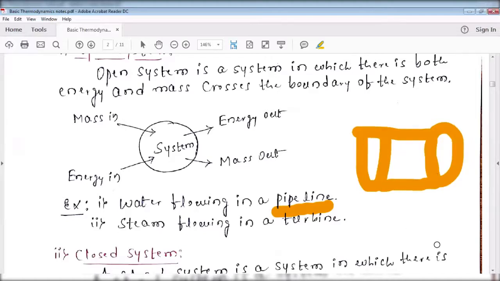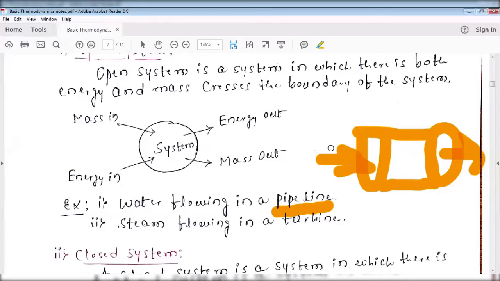This is a pipeline, right? This is a system. Water is entering into the pipeline, and water is coming out from the pipeline. Here water has a mass flow rate. In addition to mass flow rate, it has kinetic energy. Yes, it has a velocity, right?